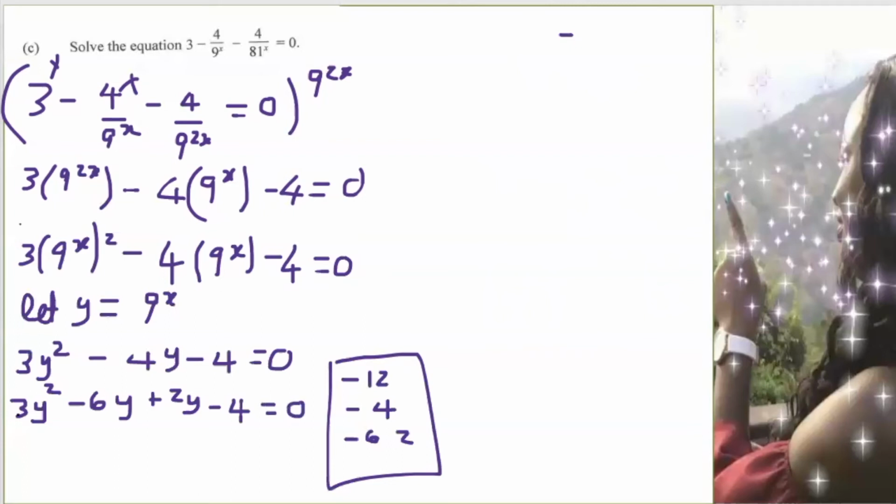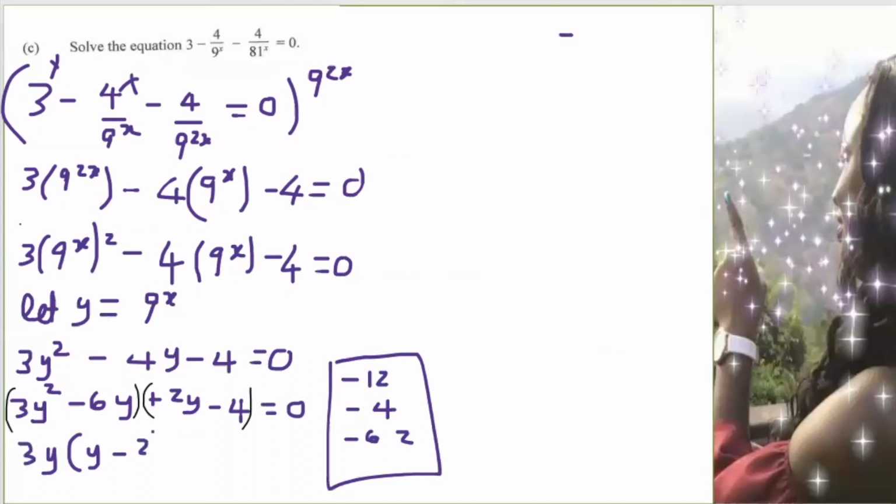Then I group. So I have the first two in one group and the next two in another group. So what can I factor out of the first? It's 3y. And when I factor out 3y, I'm left with y minus 2.